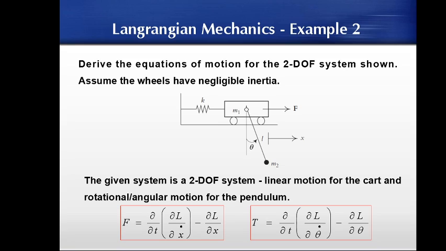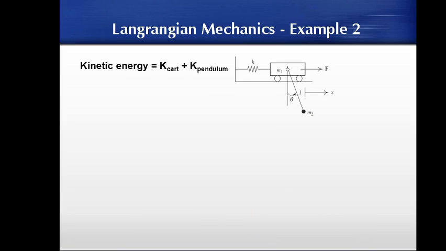Our aim is to find the expression for L, and then differentiate that expression with respect to x, x dot and t. Similarly, the same expression needs to be differentiated with respect to theta, theta dot and t. So we move on to the step by step procedure.